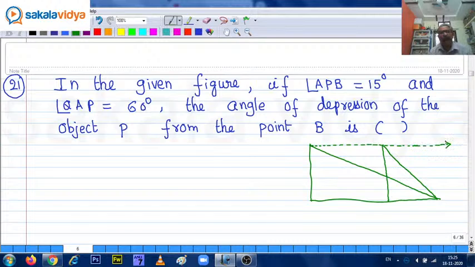A ray, this is a ray. Say A, this is B. This is P. This is Q. So this is 90 degrees. This is also 90 degrees given. And this angle is given 15 degrees. Now the angle of depression of the point P from point B, this angle we need to find out.